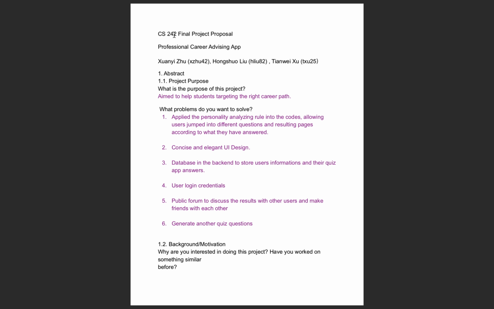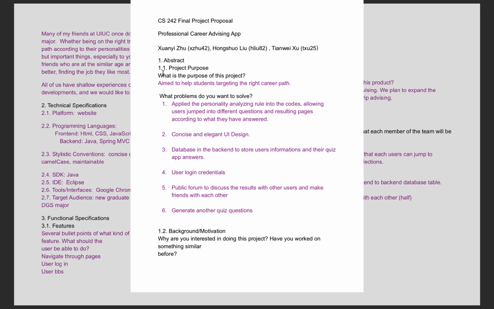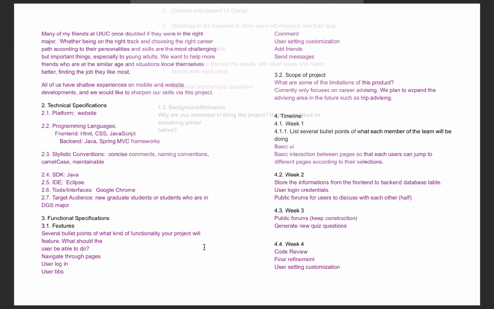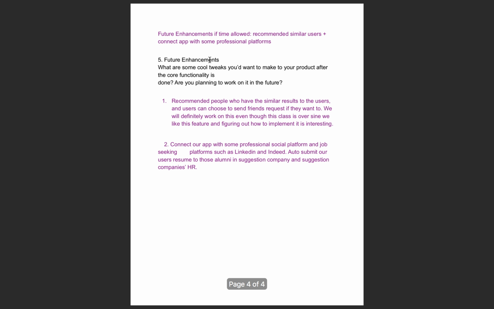This is my 242 final project, and what we want to do is make an app that aims to help students target the right career path by making a personality analyzing quiz. What problem do we want to solve, our background motivation, the technical specifications, features, timelines, and future enhancements are here.